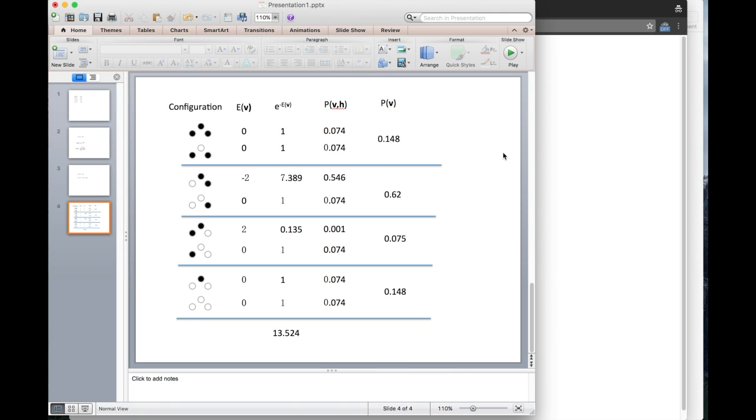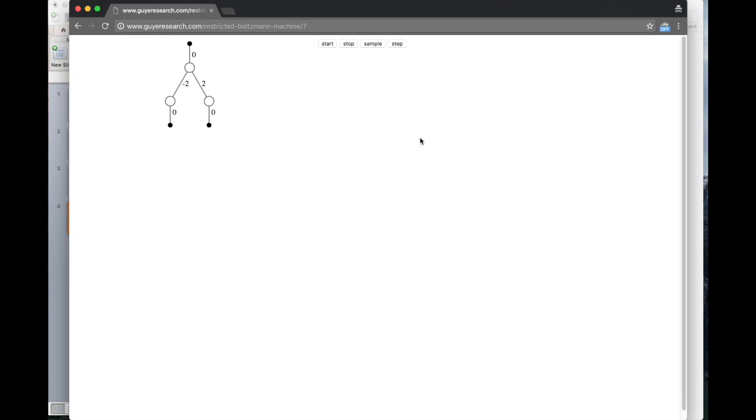But in my view, I see the hidden unit as a structural support. What really encodes the distribution of the visible units are the weights between the hidden unit and the visible units. So it's the weight that matters. It's the weight that actually encodes the distribution of the visible units.